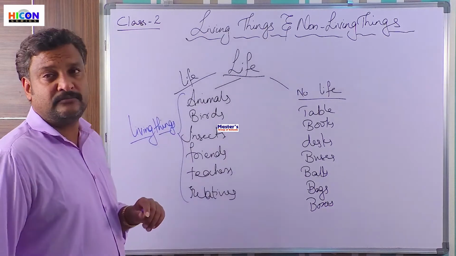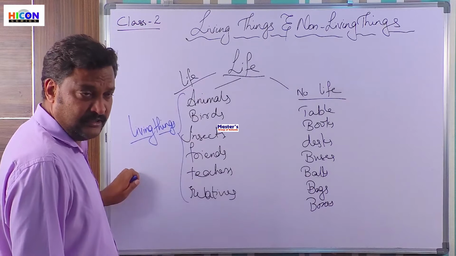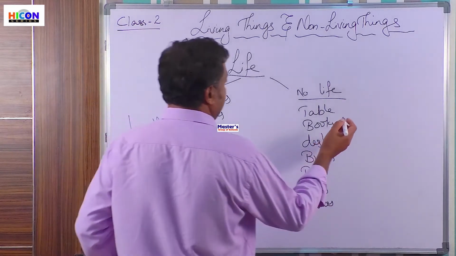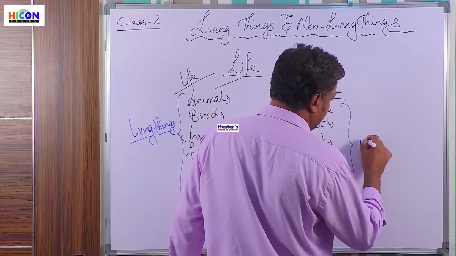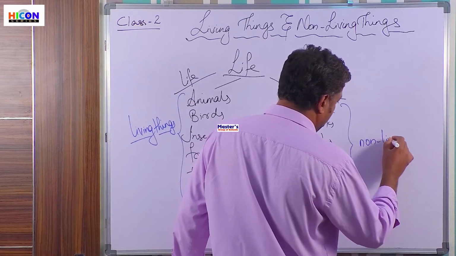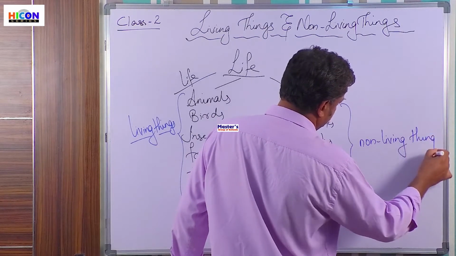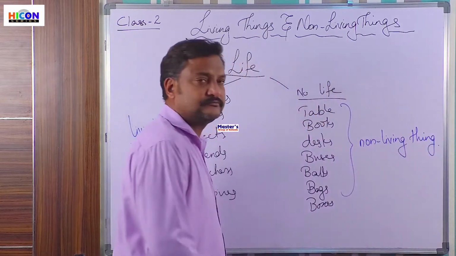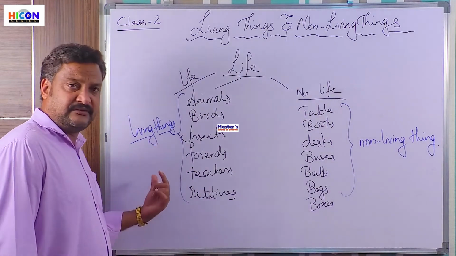So what do we call them? Those things which have a life in them are called living things, and those that do not have a life are called non-living things.